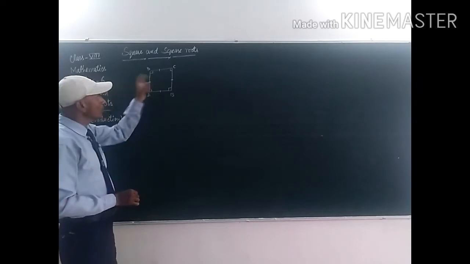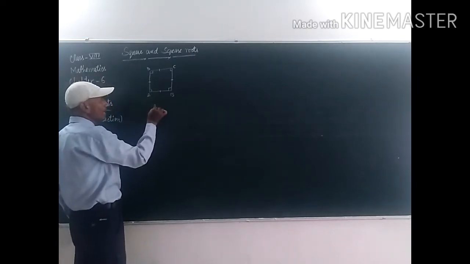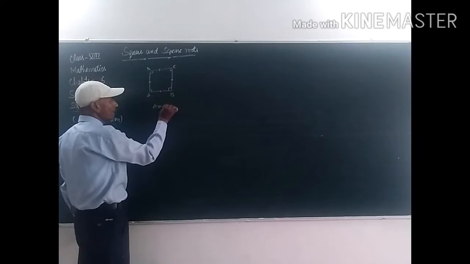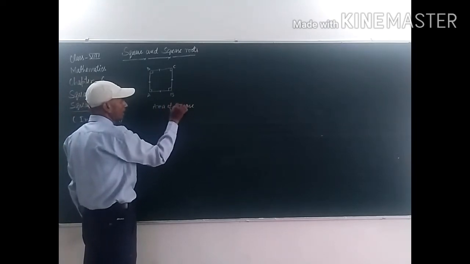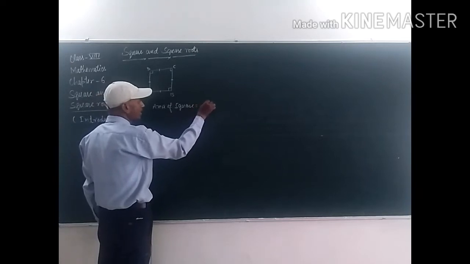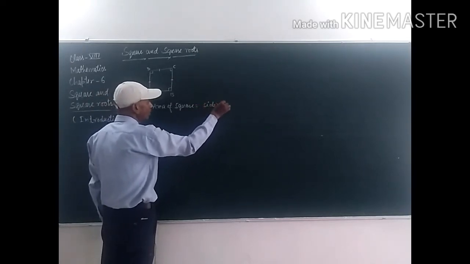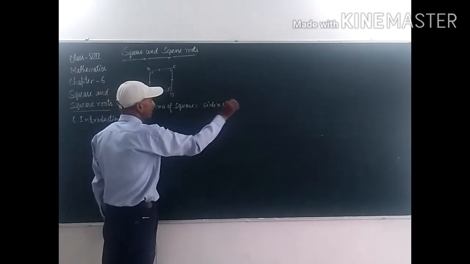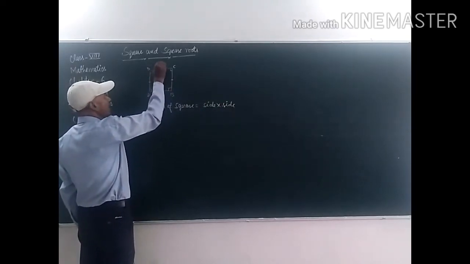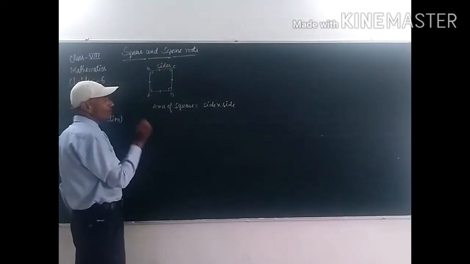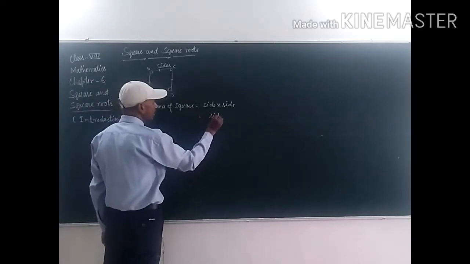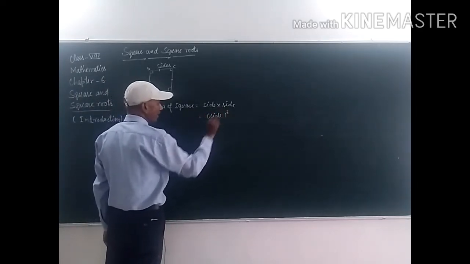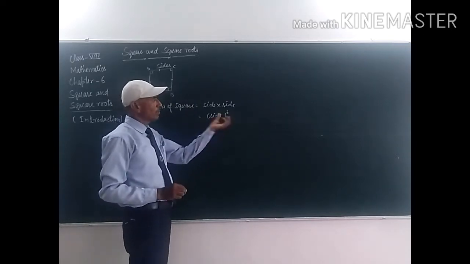Clear, students? So in this, if we find the area of a square, it means side into side. This one side, and all of its sides are of equal length. So it means side square, side raised to the power 2.